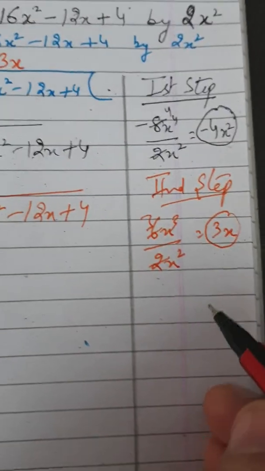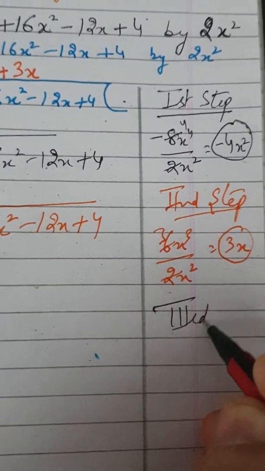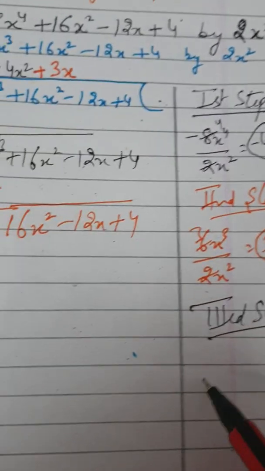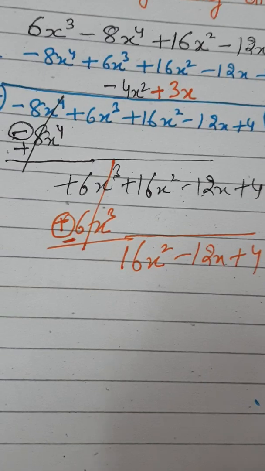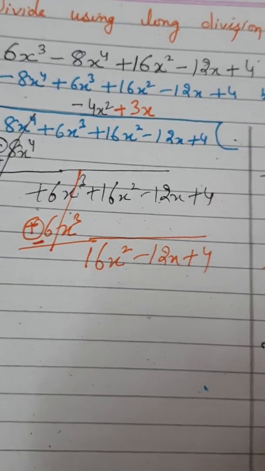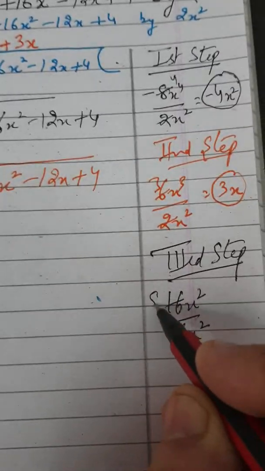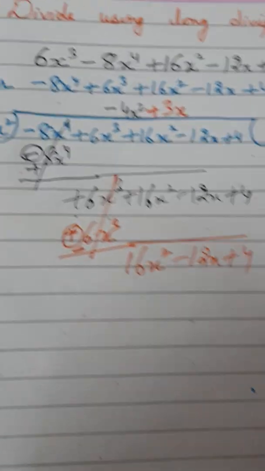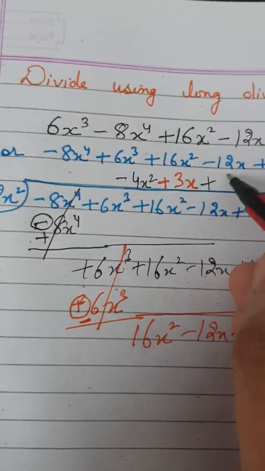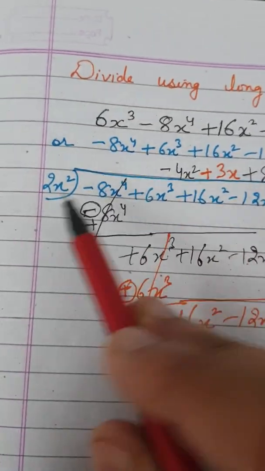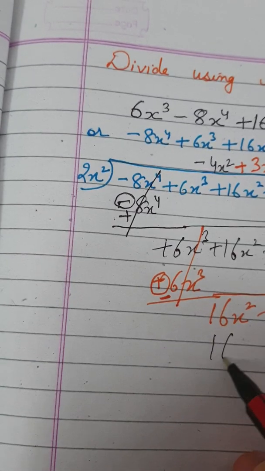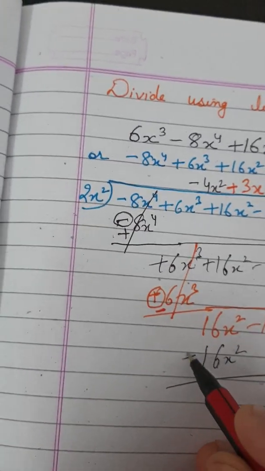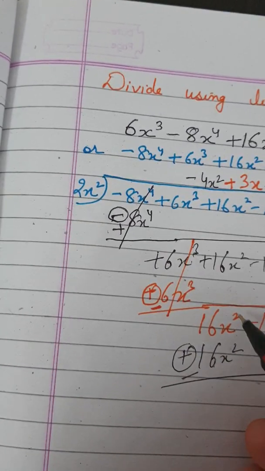So now I am taking my third step. 16x square over 2x square. 16 by 2 cutting, we get 8, x square cancels. So 8 is there, I will write here plus 8. Now 8 multiplied by 2x square is 16x square. This is a positive sign, so changing the sign and cutting.